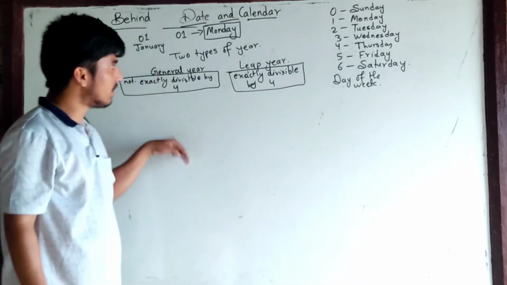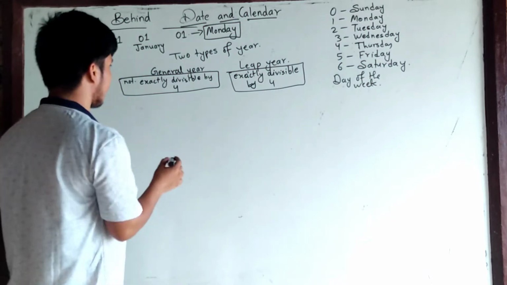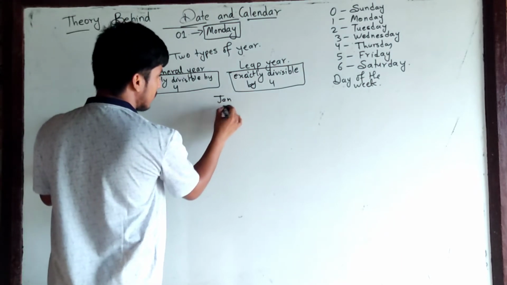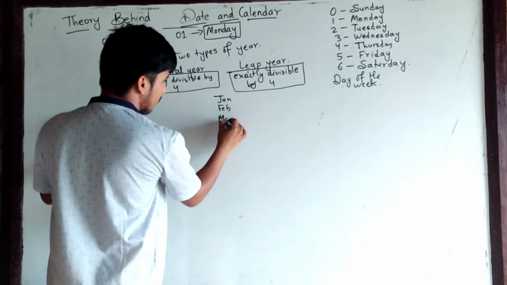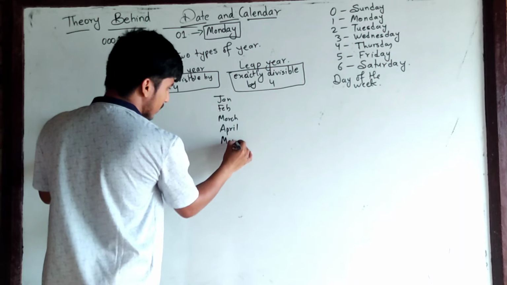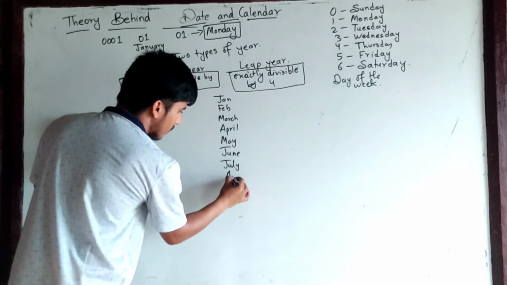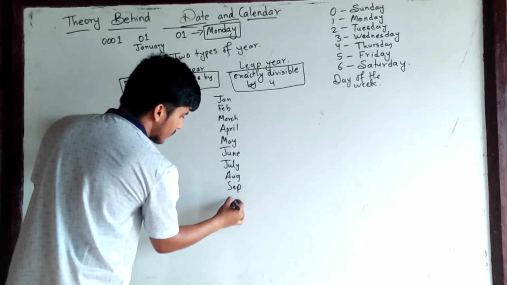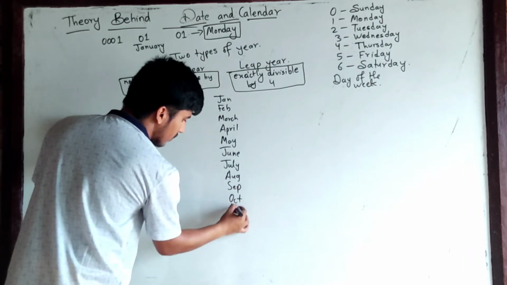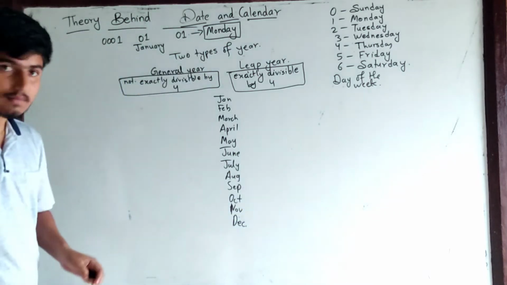So in a general year, now we will list the months and their corresponding days here. We have January, February, March, April, May, June, July, August, September, October, November, December, right?